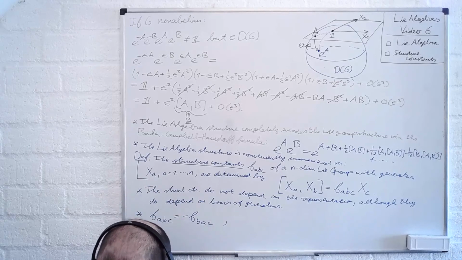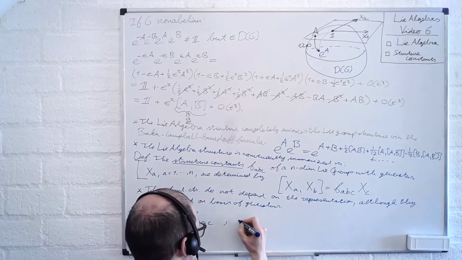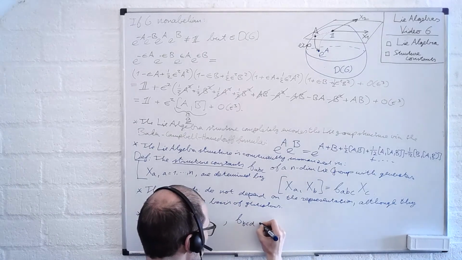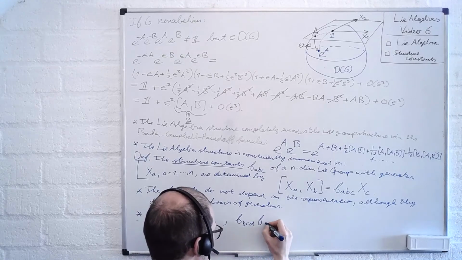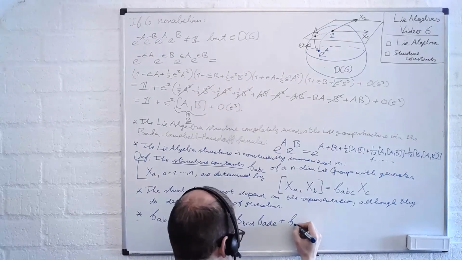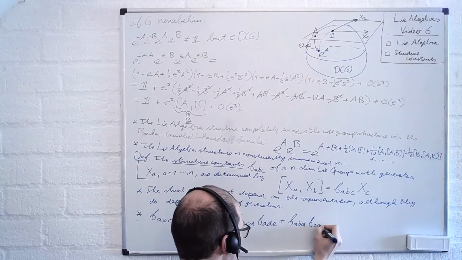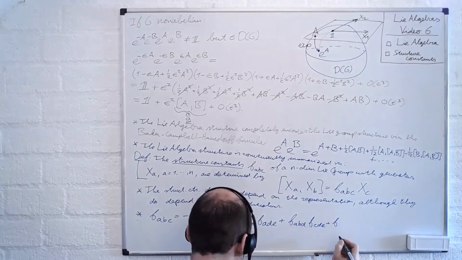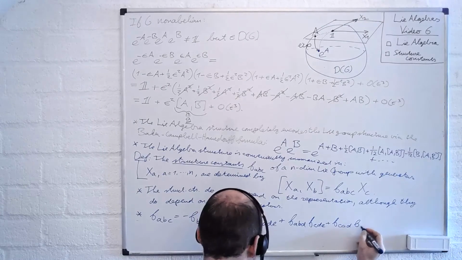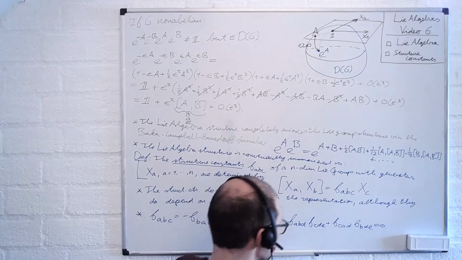I'm not sure I want to write this down explicitly. I think you're going to do this in the exercises too. So the Jacobi identity implies that if I do this particular contraction of the structure constants f_abd, f_cde, that it's 0.